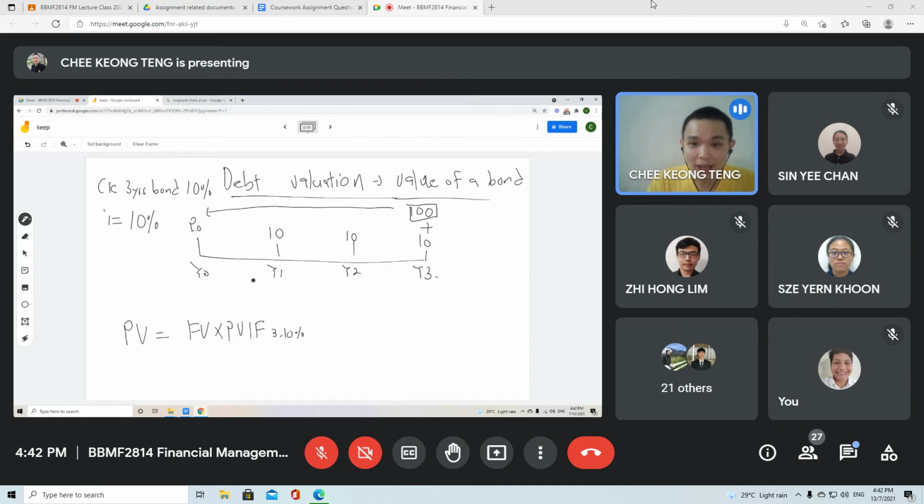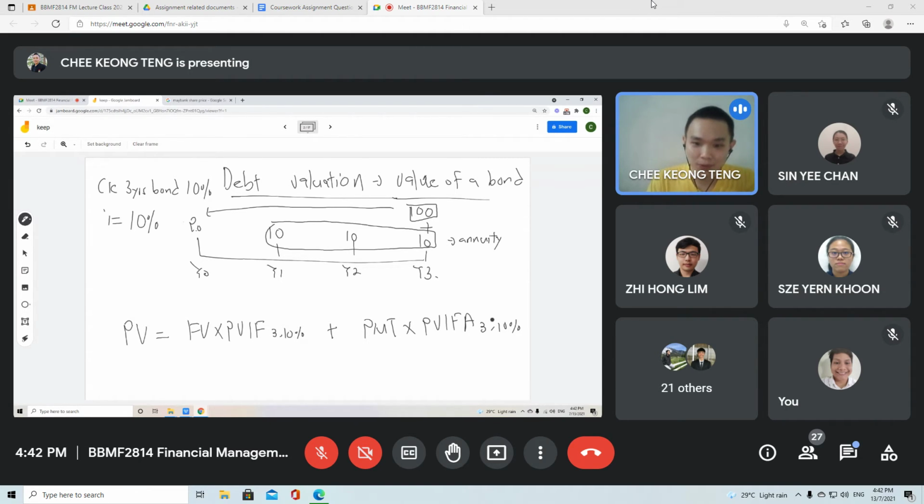Okay, but I haven't finished. We still have this one, and this one, if you remember, is an annuity. Right? Every year, 10 ringgit for 3 years. So plus PMT times PVIFA, 3 years, 10%.